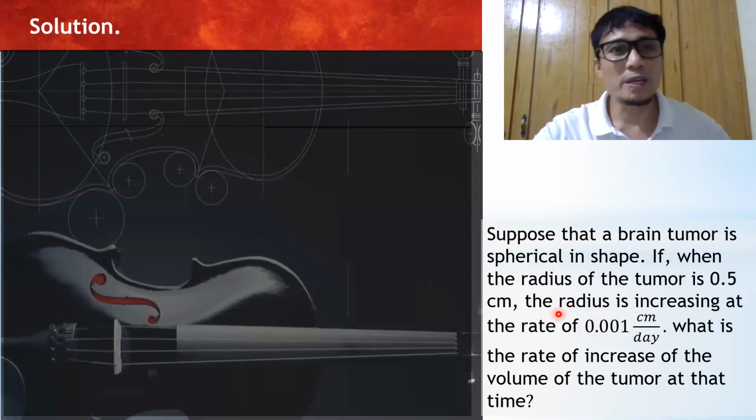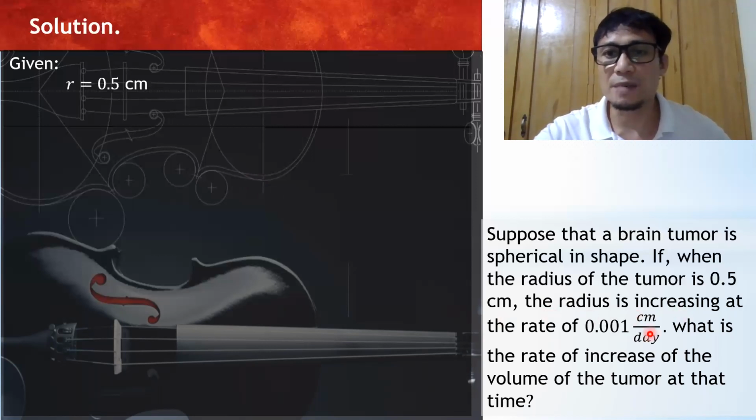So we have here the given r equals 0.5 centimeters. Then the second given here is described by this phrase. When you say the radius is increasing at the rate of 0.001 centimeter per day, it means that the radius is changing per unit time.